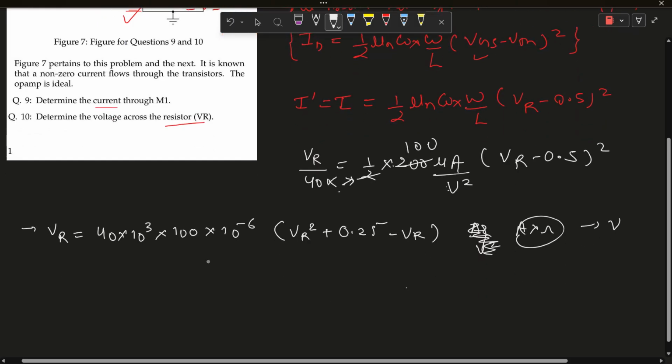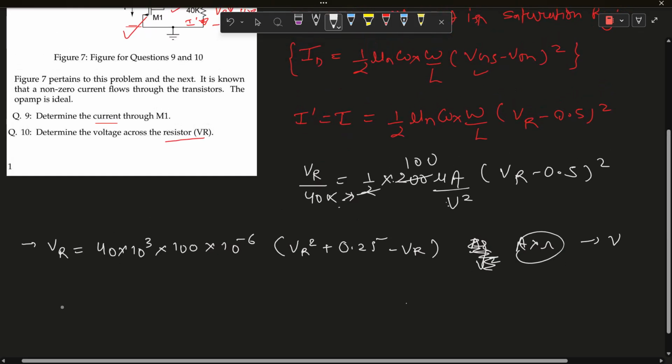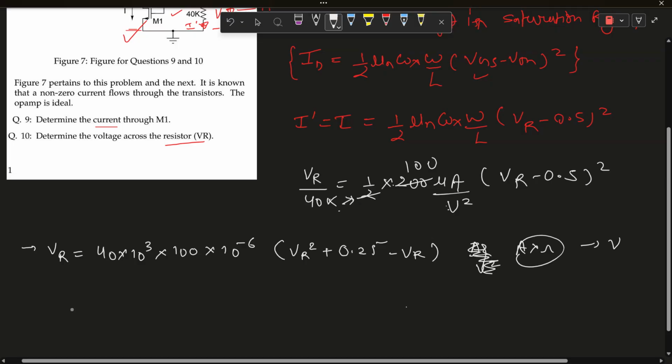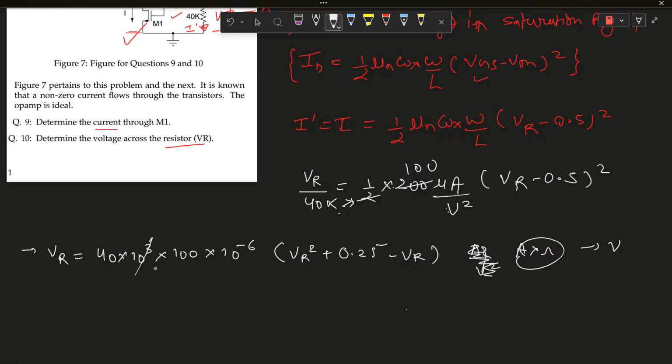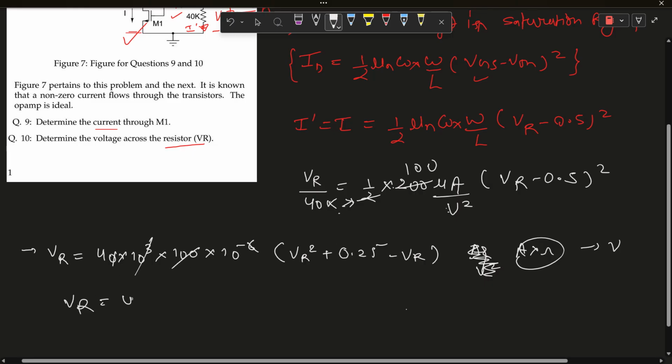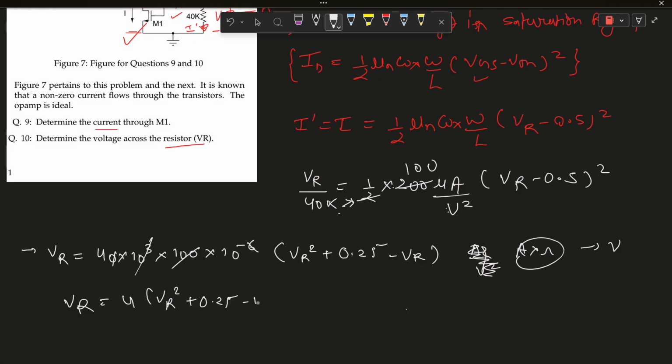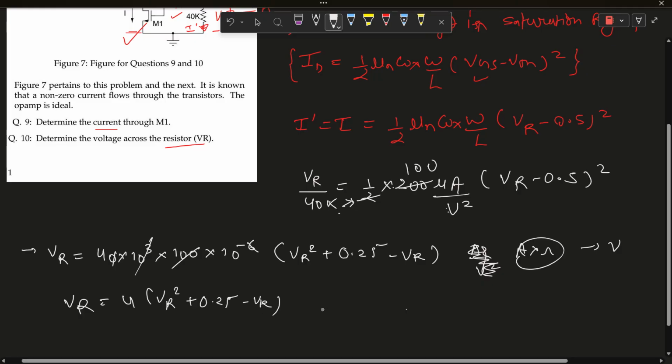I'm just balancing the dimensions, so we obtain the voltage. Now solve this, and we get 4 VR square plus 0.25 minus VR.